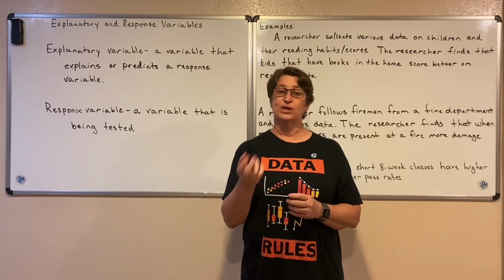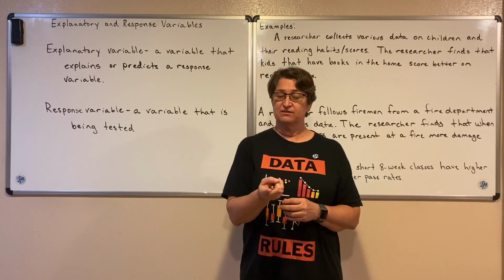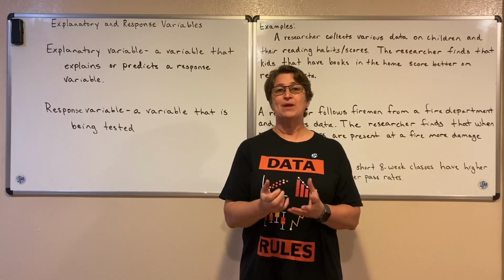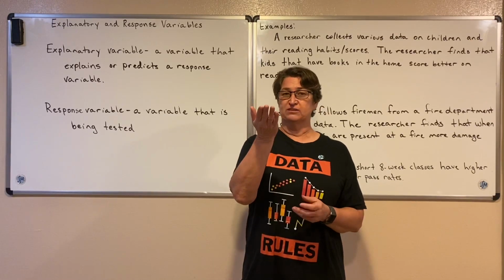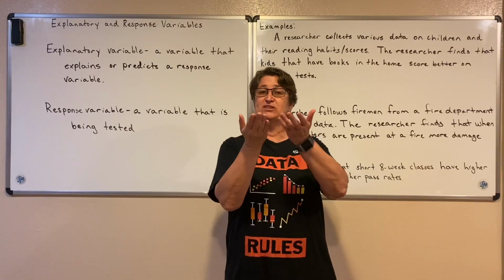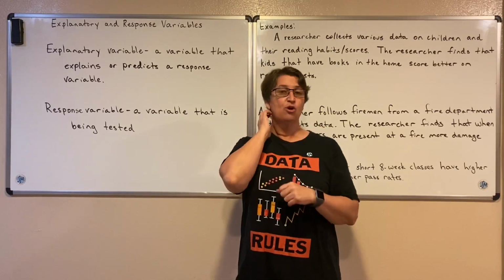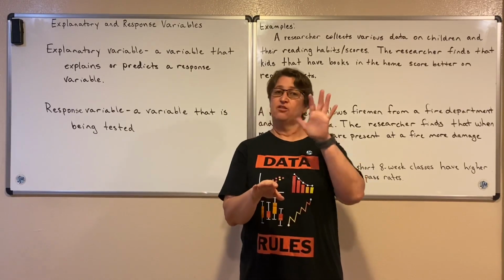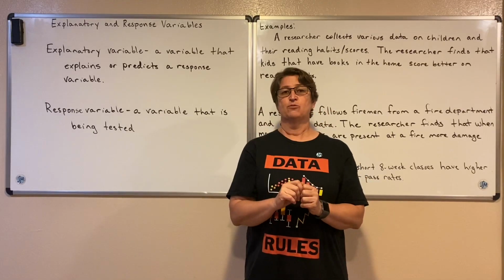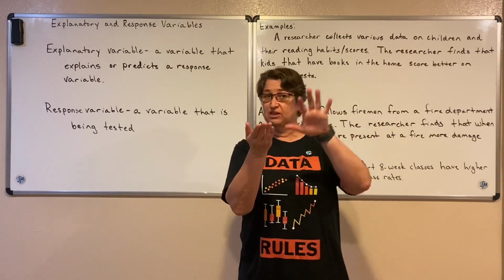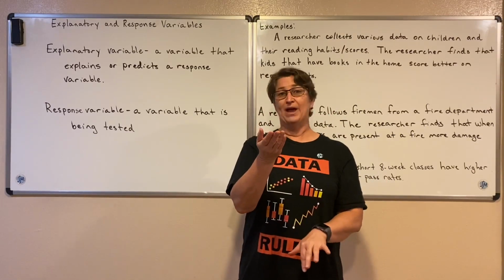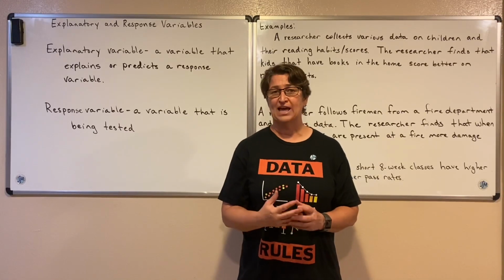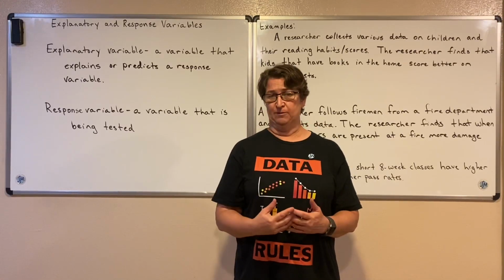And sometimes when we collect that data, we realize that two variables have some sort of relationship. Maybe as one of them increases, the measurements of another one also increase. Or maybe as the measurement of one decreases, the measurement of another decreases. Or maybe as one increases, the other decreases. Or maybe as this one decreases, that one increases. We call that relationship correlation.